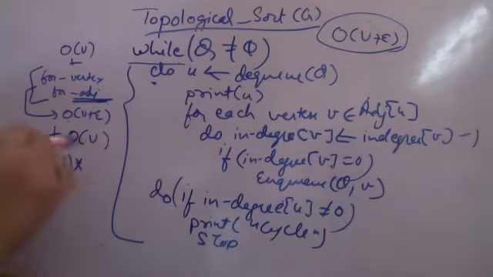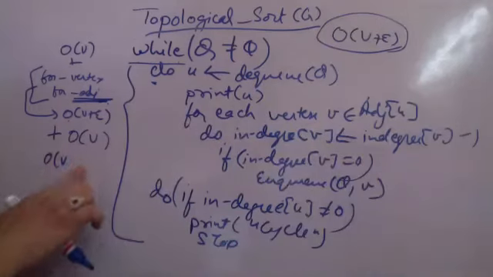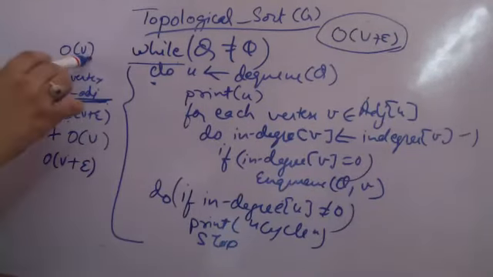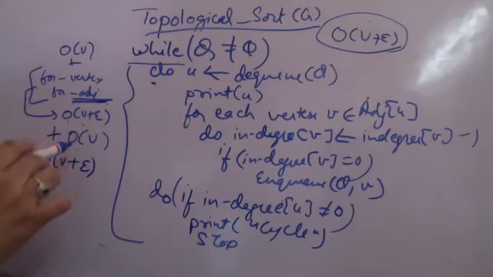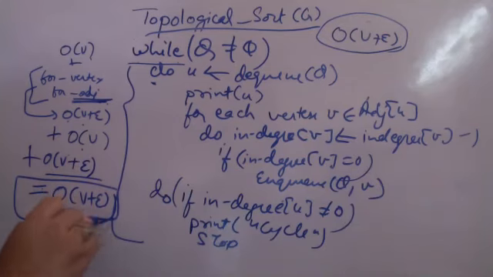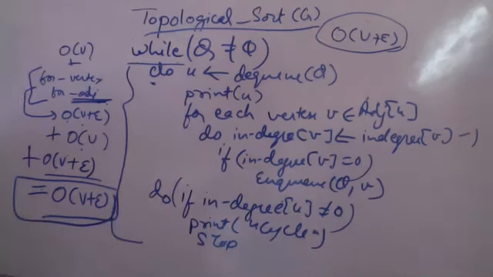There is no other loop. So this will take of the order V plus E time. If I add of the order V, plus of the order V plus E, plus of the order V, plus of the order V plus E, the total complexity again comes out to be of the order V plus E only. That means even if we are not using DFS, topological sort can be implemented in the same time complexity. We don't want to increase it.